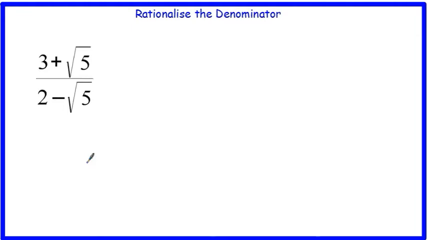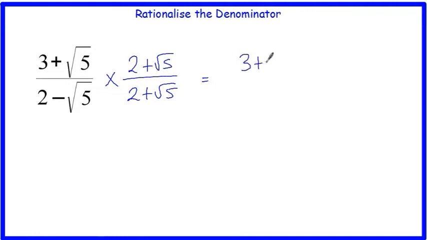Okay, so I would multiply that by 2 plus root 5, so that's the same as 1, and this is going to help me out. So I'm going to rewrite this.